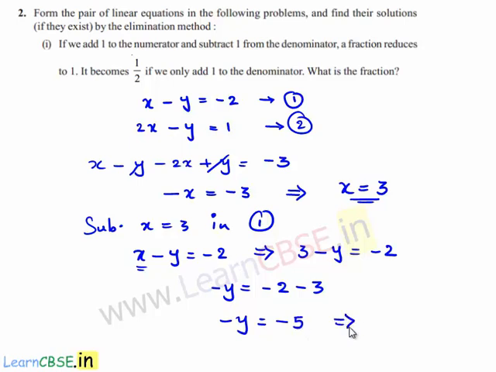That implies y is equal to 5. So we obtained the value of x as 3 and the value of y as 5. We have assumed the fraction to be x by y. So in place of x we can write 3 and in place of y we can write 5. Hence the required fraction is 3 by 5.